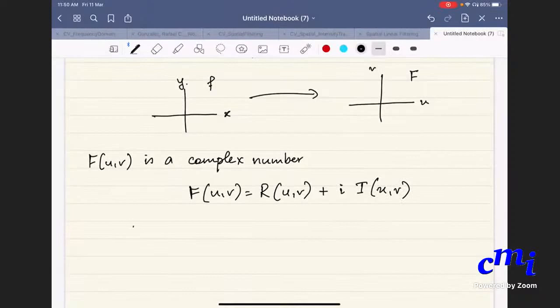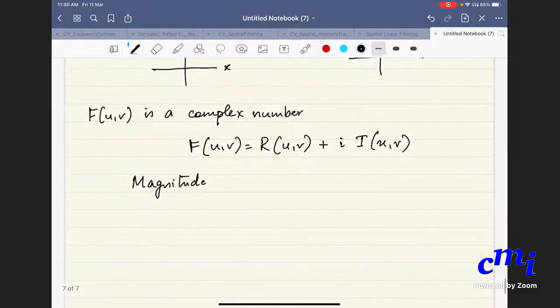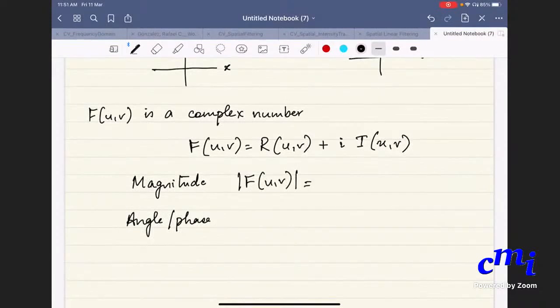Then using this, you can compute the magnitude and phase or angle. The magnitude, mod F(u,v), well, I'm sure everybody knows, is just the square root of the real part squared plus imaginary part squared, so R(u,v) squared plus I(u,v) squared.